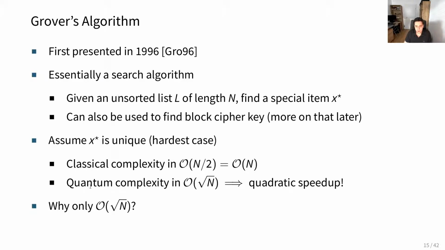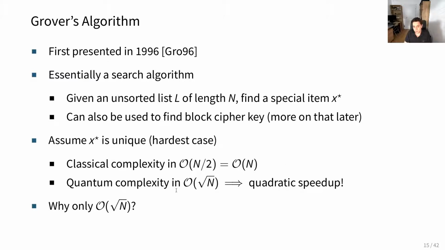However, on a quantum computer, the nice thing is that we have only a square root of n as the complexity. So this is a quadratic speedup. This may not sound crucial, since it's not an exponential speedup, but if the list has 1 million elements, we would expect to find a unique element on a classical computer after around 500,000 to 600,000 trials.